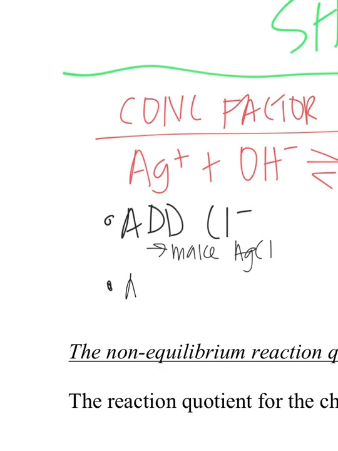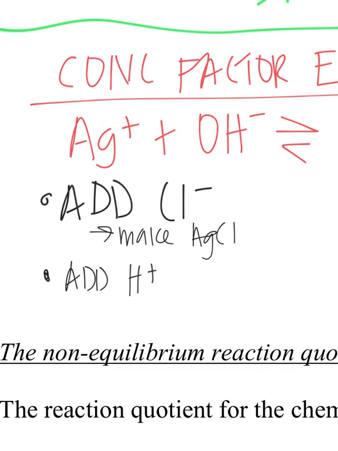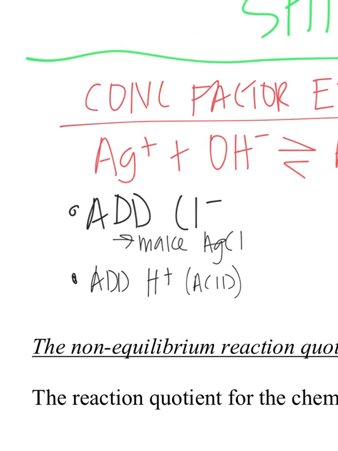Then if I added hydrogen, technically remember this is an acid, even alone. What could happen here is this H plus could bond with that OH, so it could make water. If I did that, it would be like taking away that hydroxide because I'm making water.